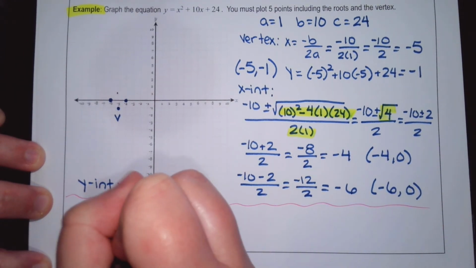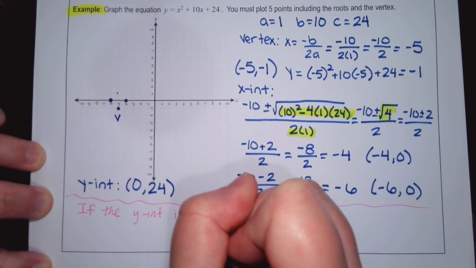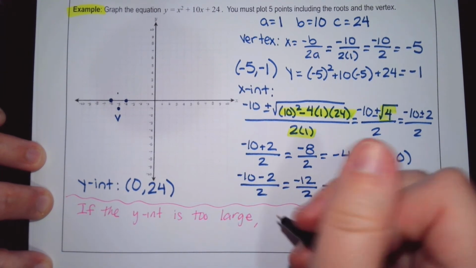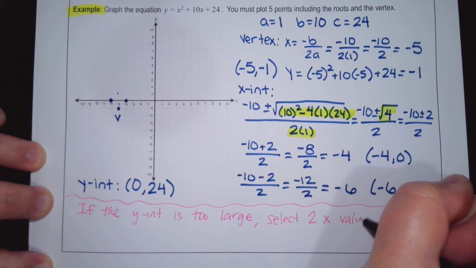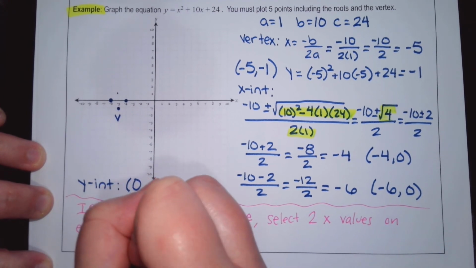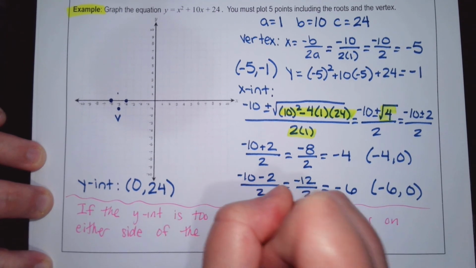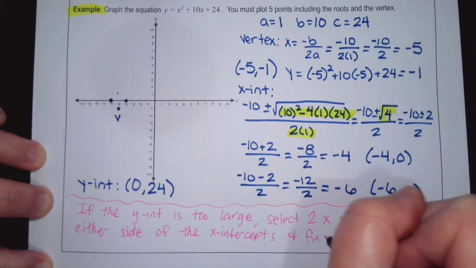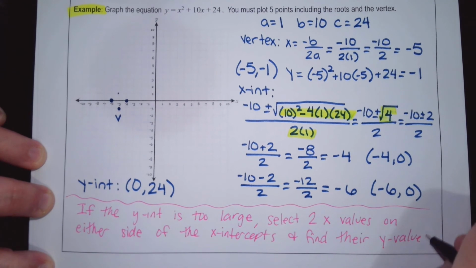If the y-intercept is too large, select two x values on either side of the x-intercepts and find their y values.